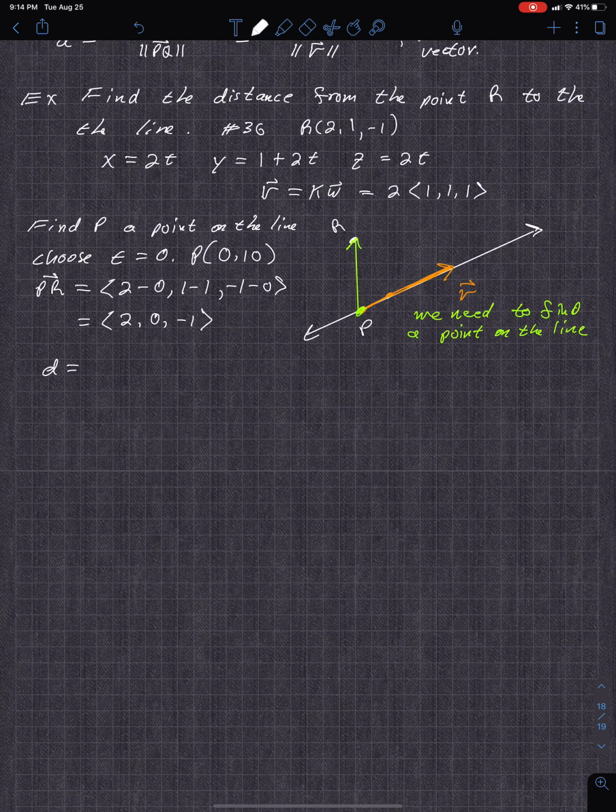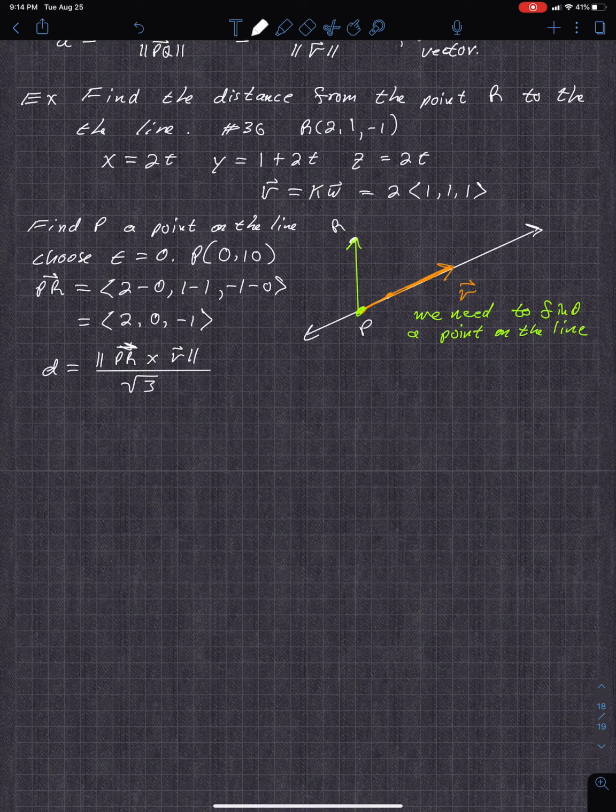So D is the, well, I got to do the cross product. Let's do that first. Well, I'll just write it out. It's the magnitude of PR cross the direction vector, which is 1, 1, 1. So it's cross V. And then it's over the magnitude of the direction vector. Well, that's just going to be root 3.